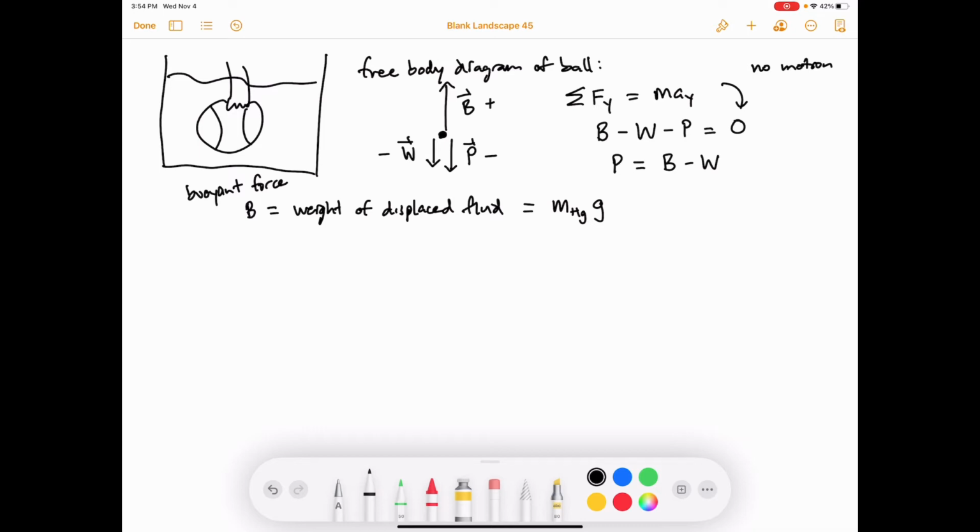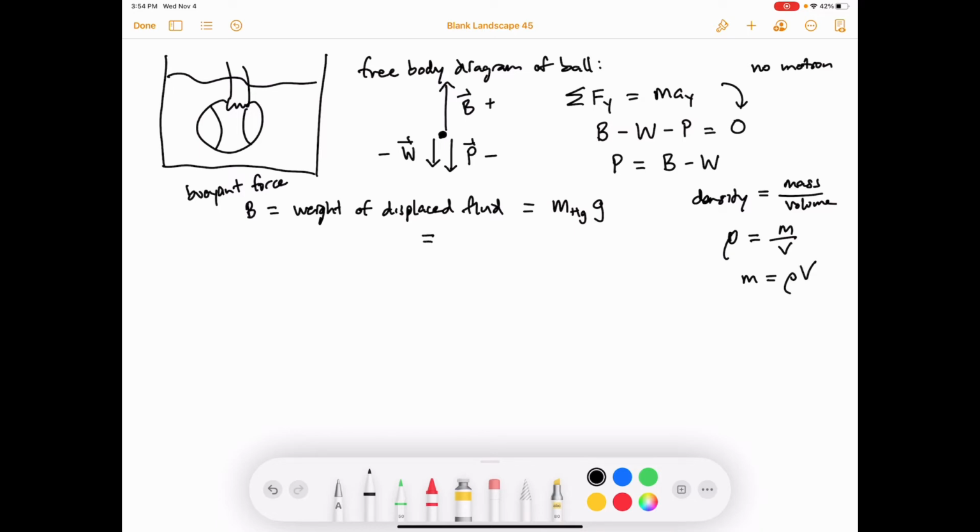But let's also remember that density is equal to mass over volume. Let's write this as rho equals m over v, right? That's density equals mass over volume. And the mass, therefore, is equal to the density rho times the volume v.